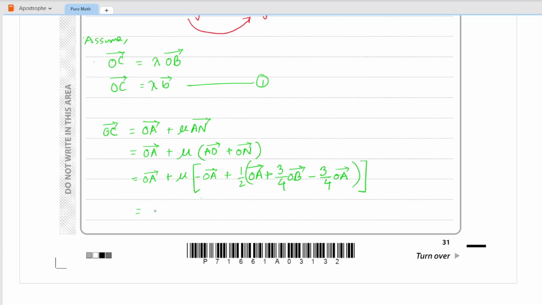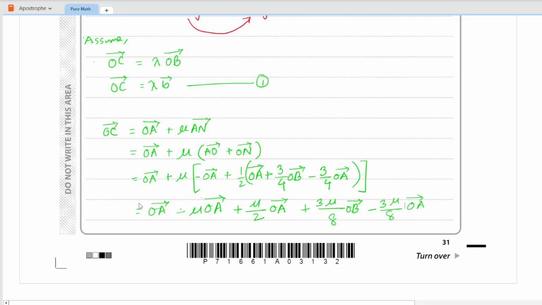So let's simplify now. A or OA in here, negative mu OA, then positive mu over 2 OA, positive 3 mu over 4 OB, minus 3, sorry, this is 8, 4 times 2, and then this times this times this, 3 mu over 8 OA.